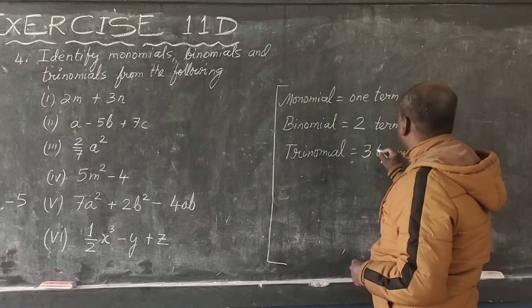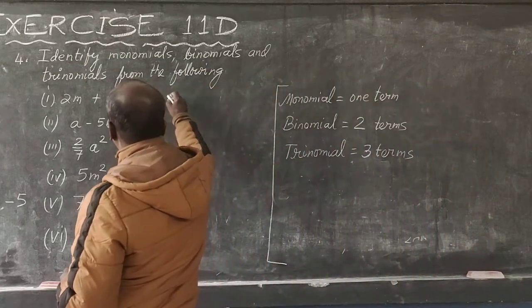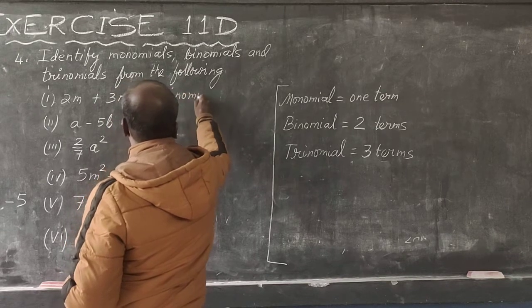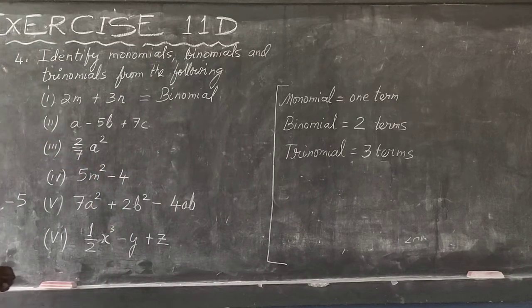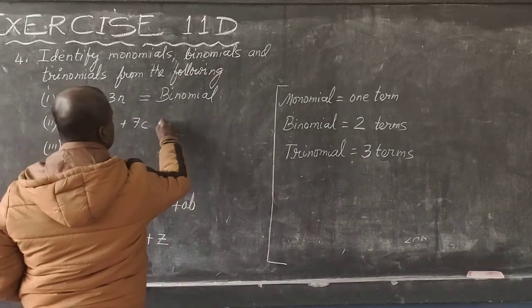So now let's look. Now it's very easy. So this is binomial, two terms. How many terms does this expression have? 1, 2, 3. So trinomial.